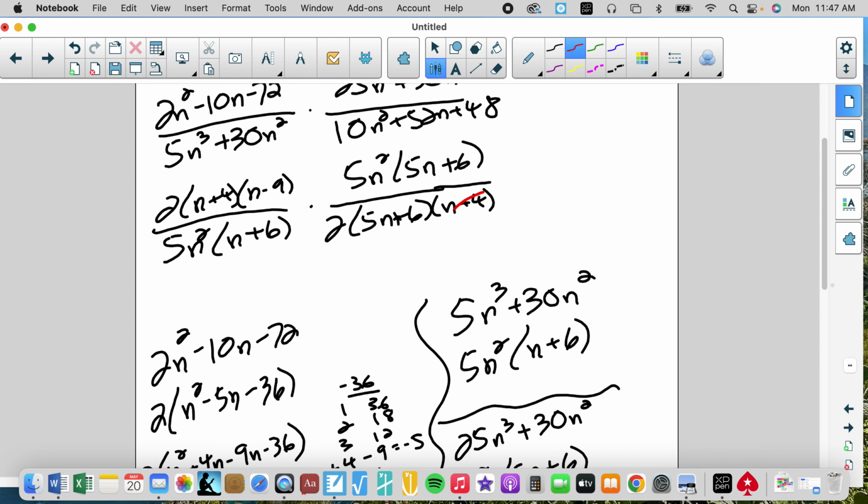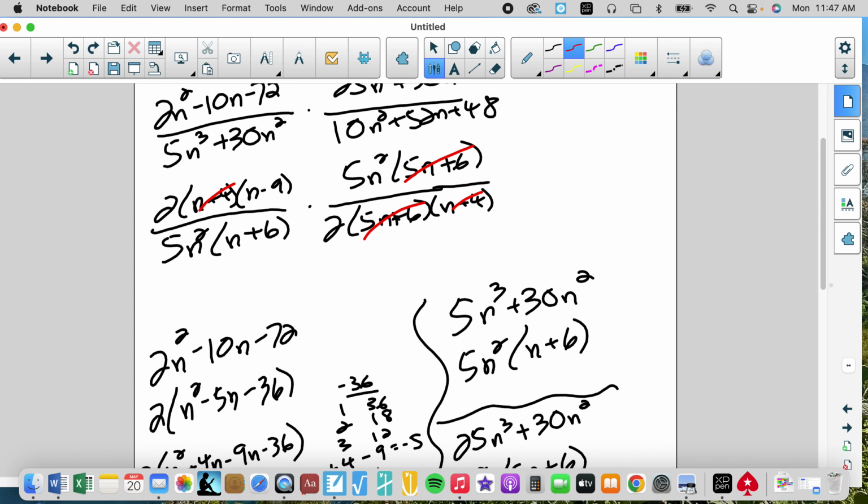Okay, n plus 4 cancels. n plus 6, that's not an n plus 6. That doesn't cancel. That is a 5n plus 6. The 5n squared cancel. The 2 cancels. I'm left with n minus 9 over n plus 6.